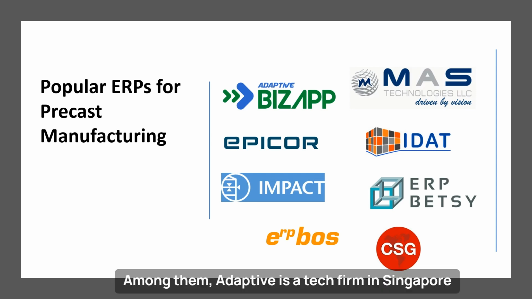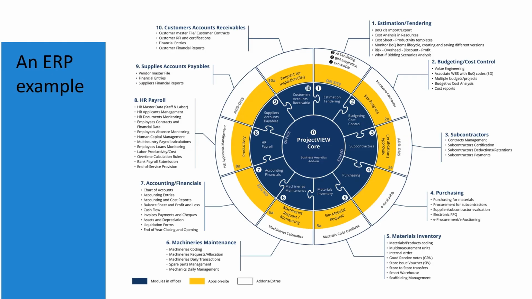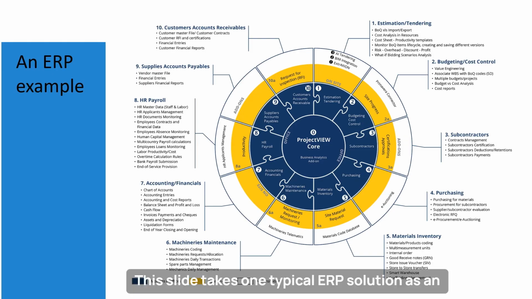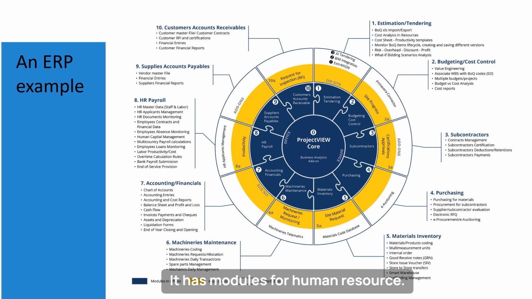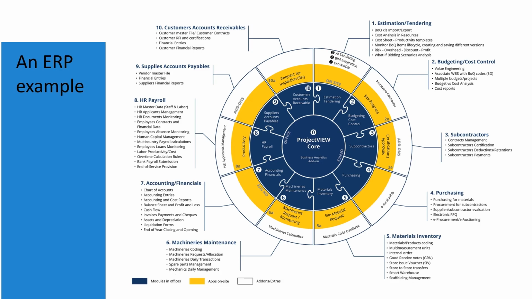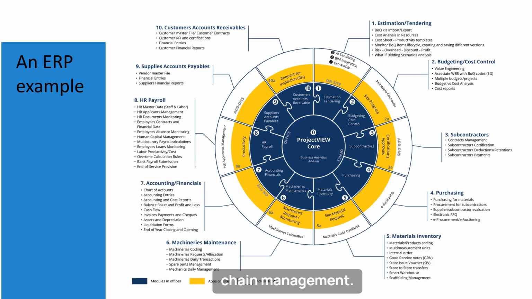Among them, Adaptive is a tech firm in Singapore founded in 2013. This slide takes one typical ERP solution as an example to illustrate its functionalities. It has modules for human resource, risk management, procurement, ERP analytics, and supply chain management.